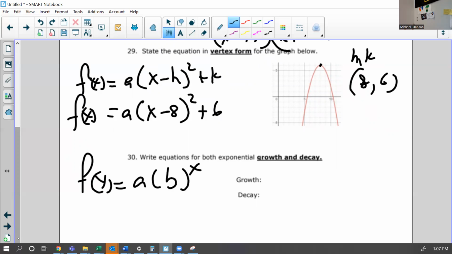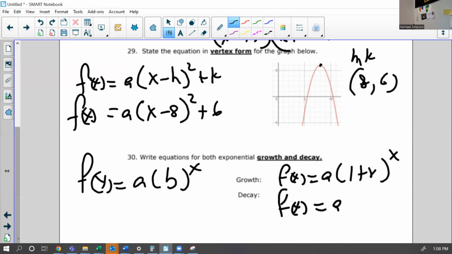Now, for growth and decay, for growth, you're going to have f of x is equal to a times 1 plus r to the power of x. You replace the b with 1 plus r. If it's a decay now, you replace the b with 1 minus r. Remember that, and that's 30.